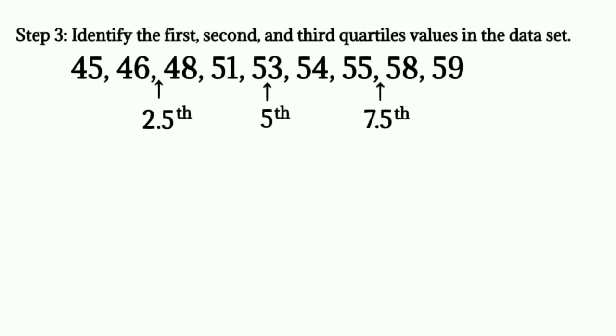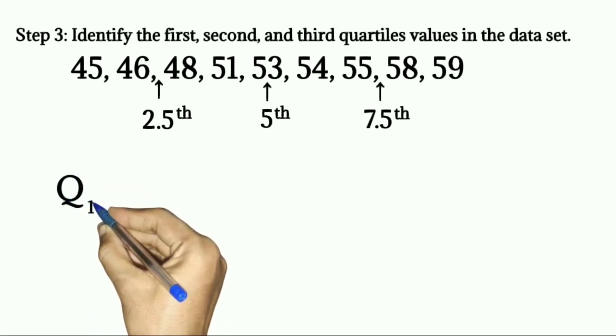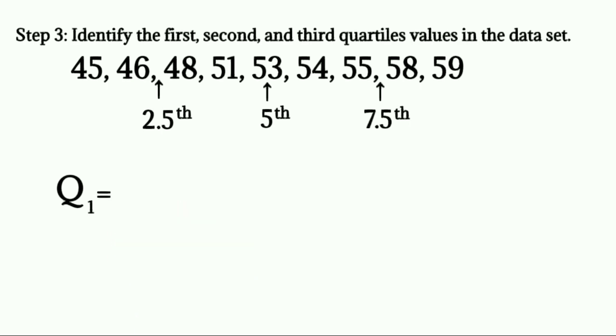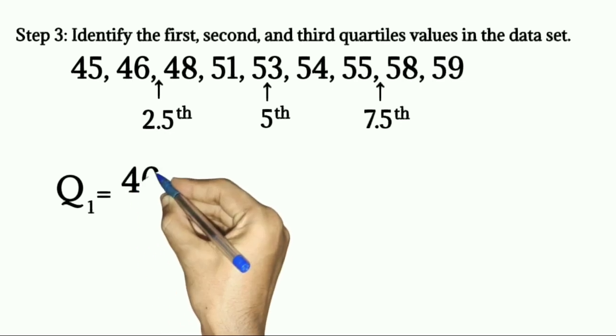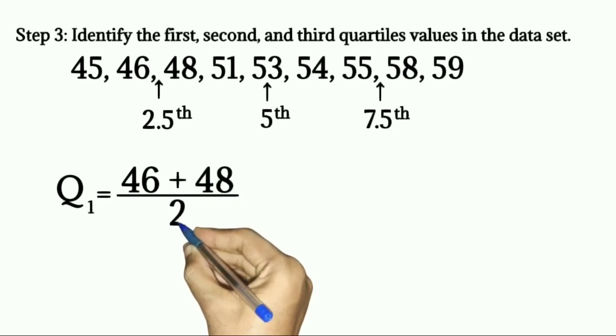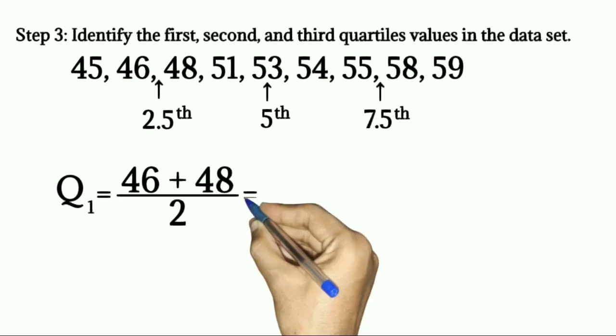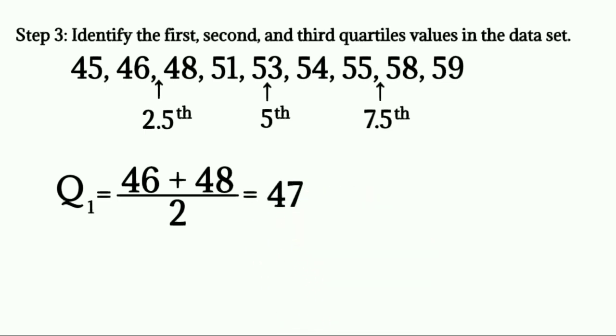Unahin nating i-compute yung first quartile. Since the 2.5th value falls between 46 and 48, i-average natin yung 46 and 48. So that will become 46 plus 48 divided by 2. 46 plus 48, that is equal to 94. And 94 divided by 2, that is equal to 47.